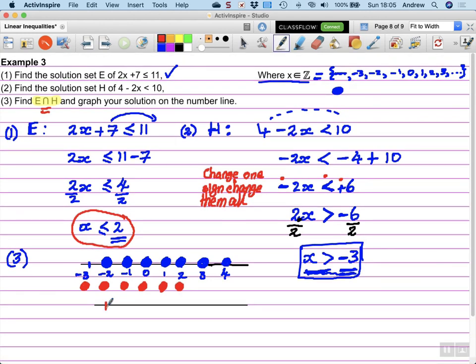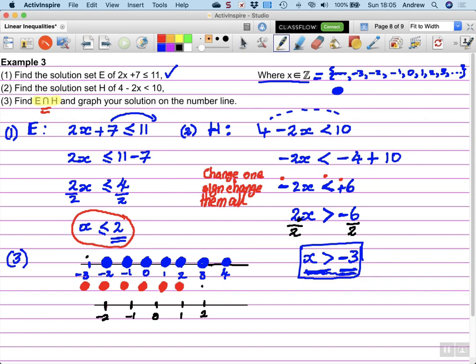Well, they intersect at minus 2. They intersect at minus 1. They intersect at 0. They intersect at 1. They intersect at 2. And that's it. They don't intersect at 3. There isn't a red here at 3. There isn't a blue at minus 3.